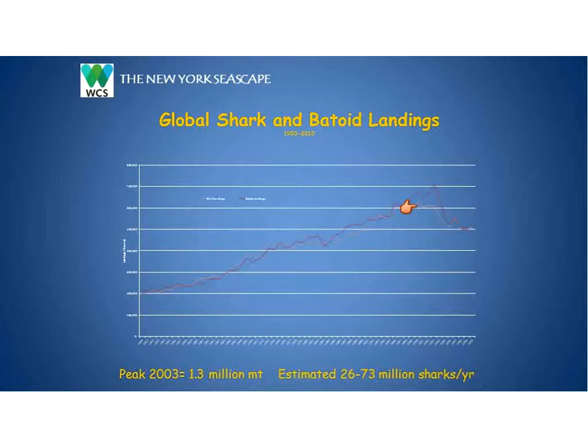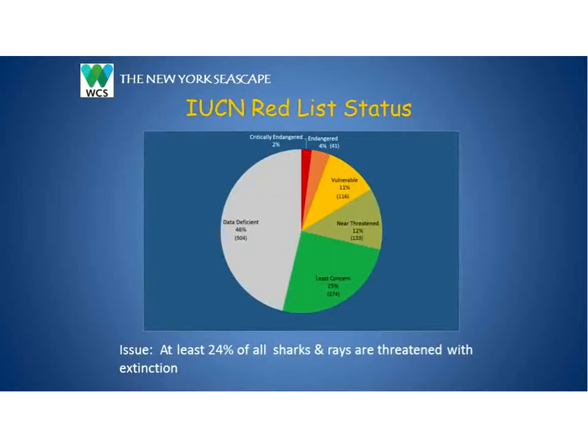Now, what also is difficult to read is that this is the landings of sharks, but the red one is the landings of skates and rays. And what we have come to understand is that the demand for skates and rays and the amount of animals that are moving into fisheries and involved in international trade is as much, if not more, than sharks are. And so, because of their same vulnerable life history, we need to be paying more attention to these animals in terms of their management.